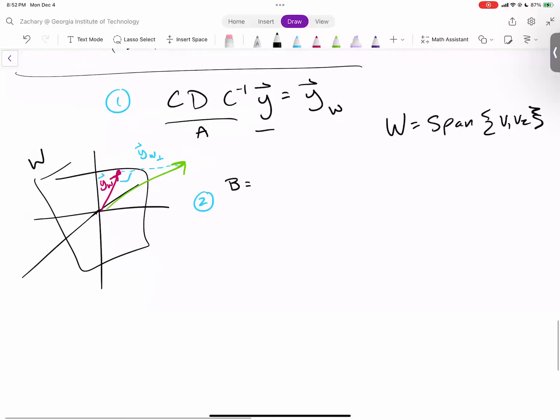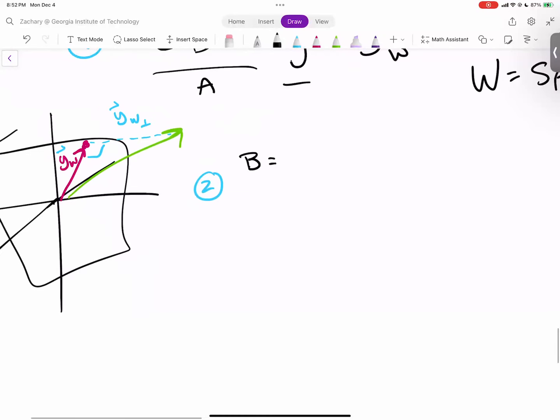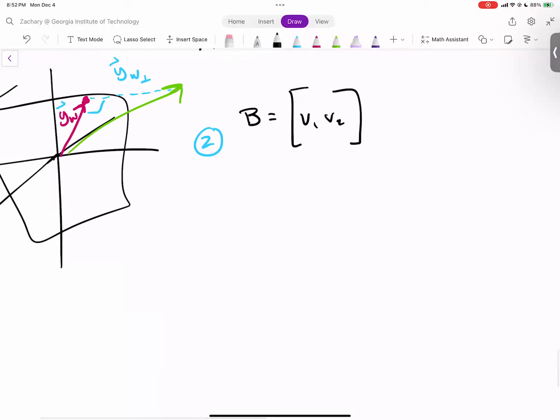B is equal to V1, V2, just a matrix with those as columns. One way that we can find a matrix A that describes the projection is multiplying B times, I always mess this one up, B transpose B inverse B transpose.